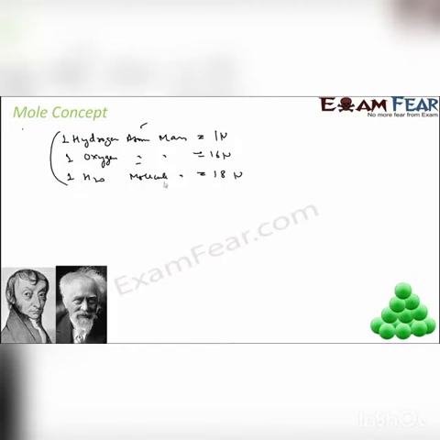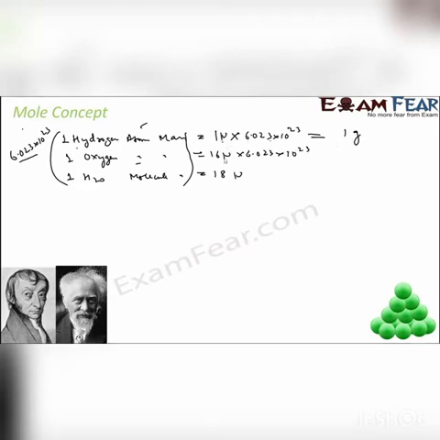Now you multiply this whole thing with this magical number 6.023 into 10 to the power 23. Hydrogen atoms will be 1 unit into this, and this value will be equal to 1 gram. Multiply this also.